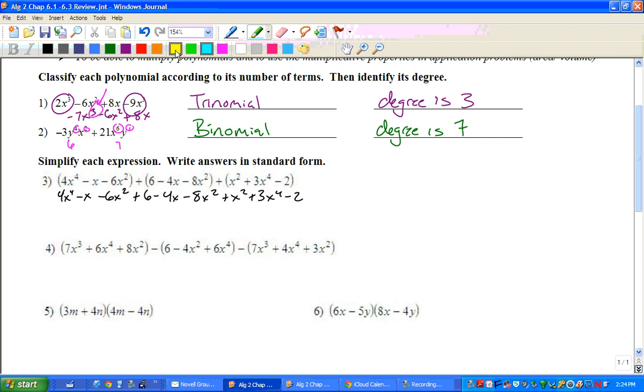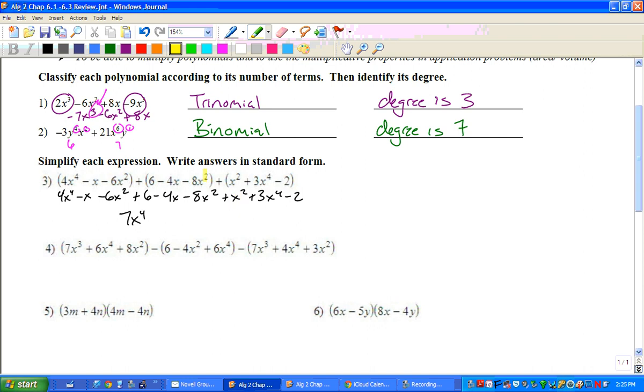Okay, and now we need to start finding our like terms. There you go. 4 and 3. That gives us a total of 7x to the 4th.